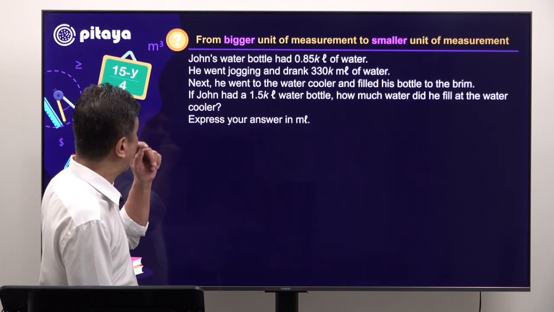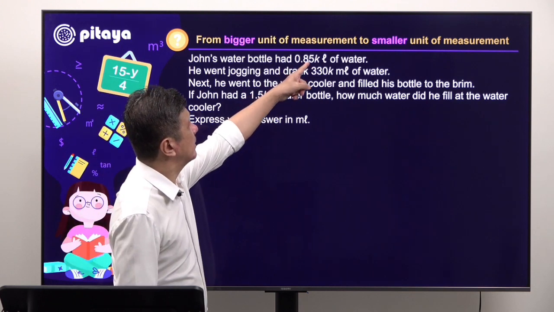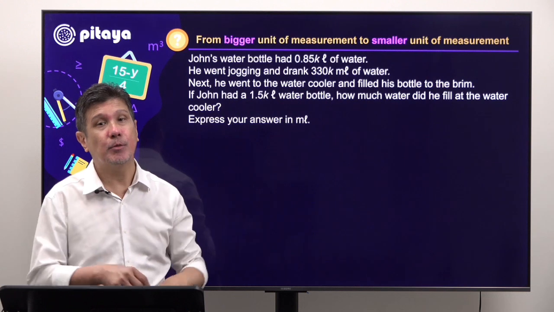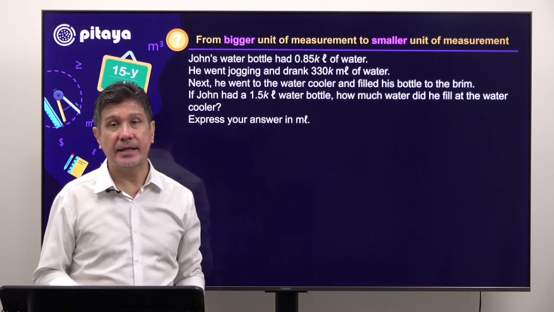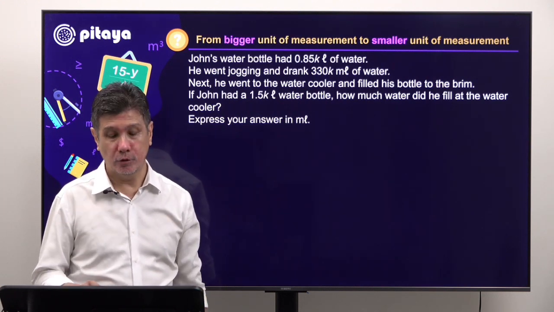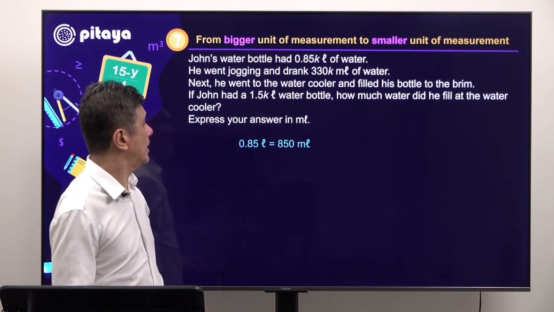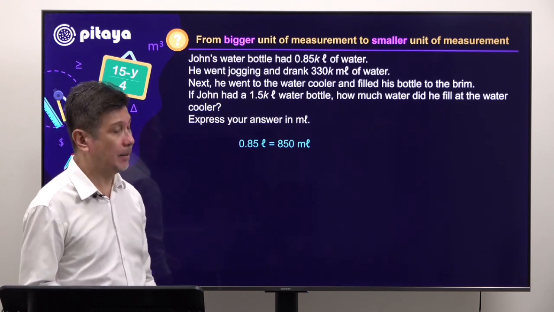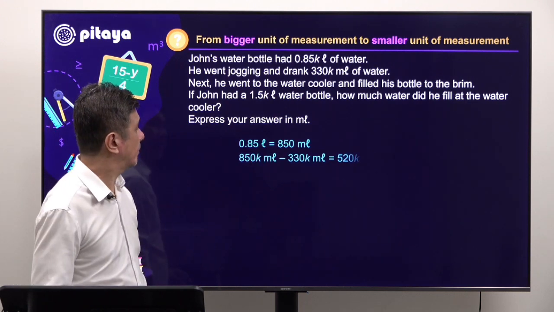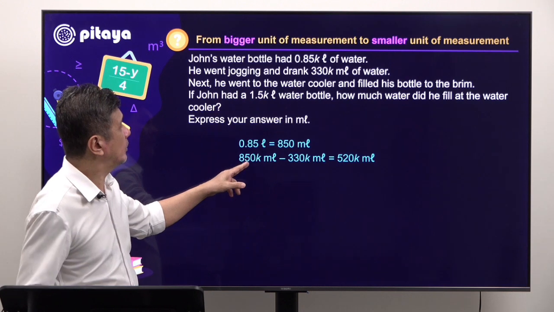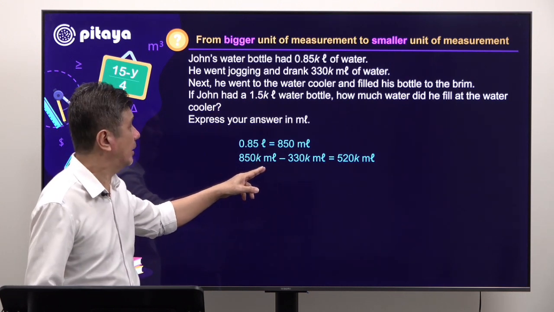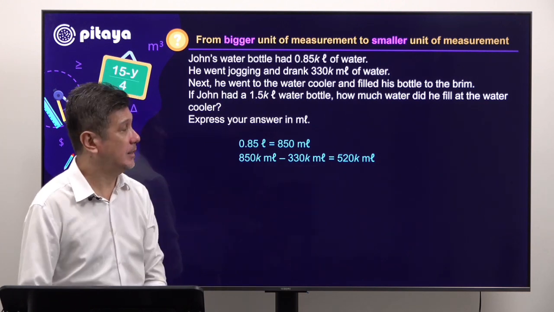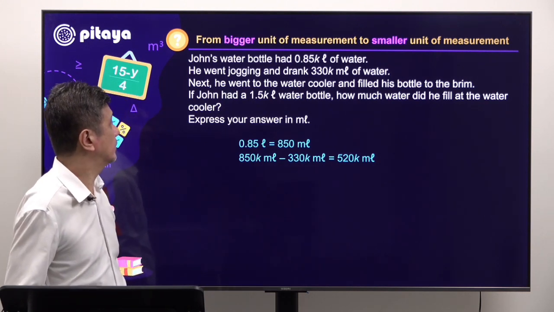So if you were to look at that, the problem is this one. 0.85K liters, separate the 0.85 from the K, and then 0.85, change it to milliliters. So 0.85 liters is actually 850 ml. Put the K back in so that we can now take 850K ml and minus the 330K ml. That will get me 520K ml.